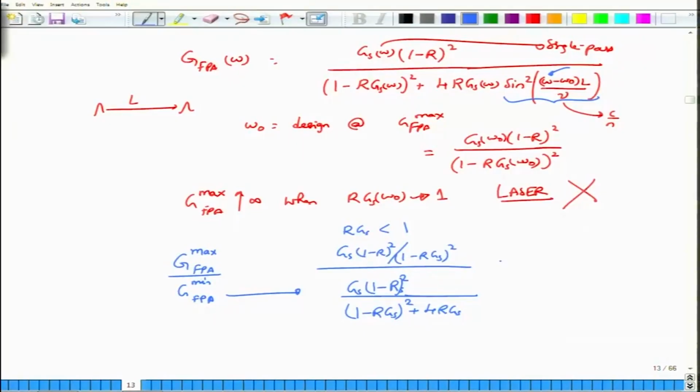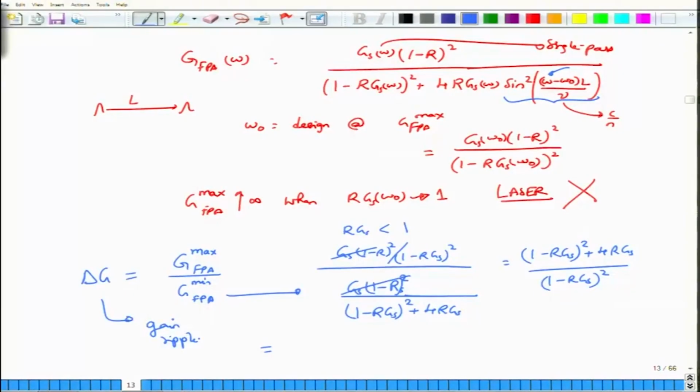So, you can cancel these two, and you get (1 minus r Gs) whole square plus 4 r Gs divided by (1 minus r Gs) whole square. You can take (1 minus r Gs) whole square as a common factor and call this one delta G. Delta G stands for the gain ripple.